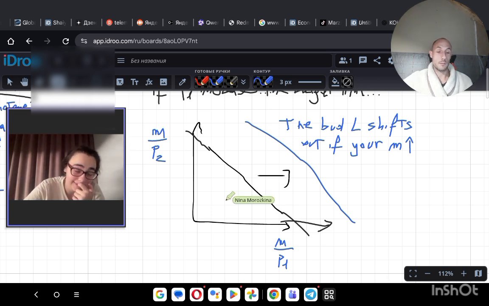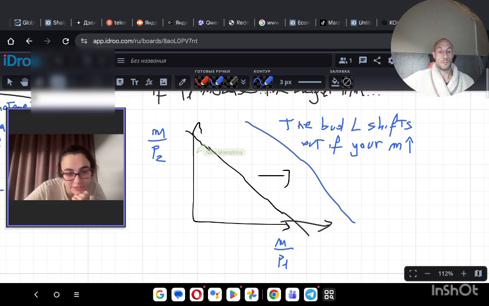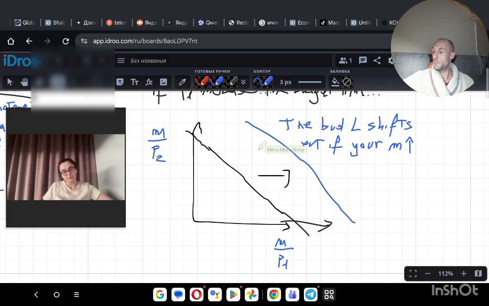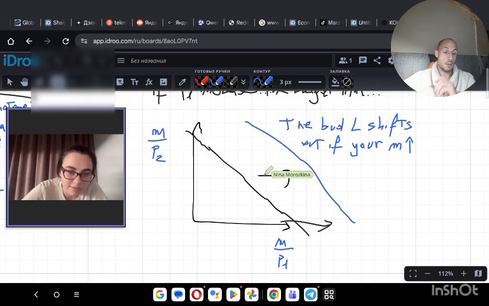Exactly. The budget line goes either up or down? No, because the price of good 2 remains the same.